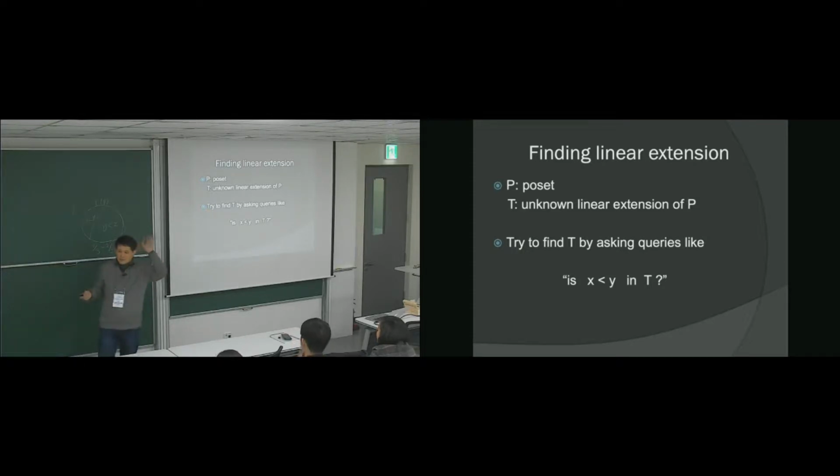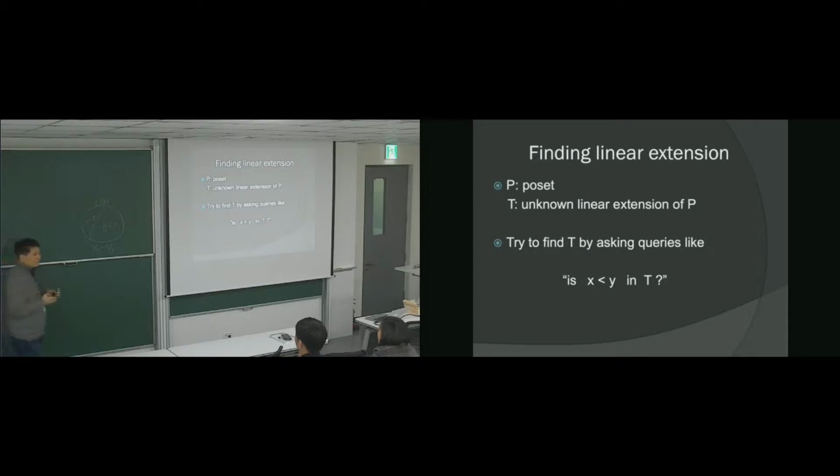So what is the best strategy? What is the best strategy for me, or for you? If I choose x and y, then your best answer is always the bigger part, because you want to leave more possibilities, so you can hide more.